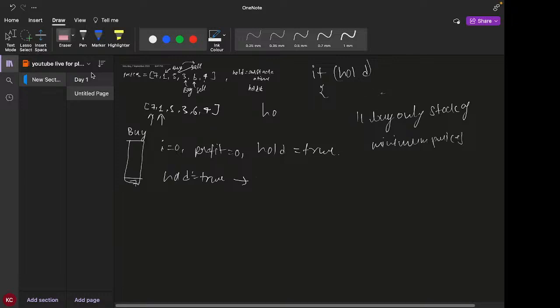Can sell, but only if profit is maximum.